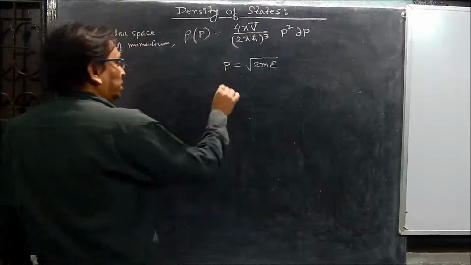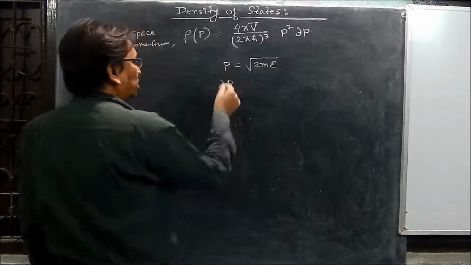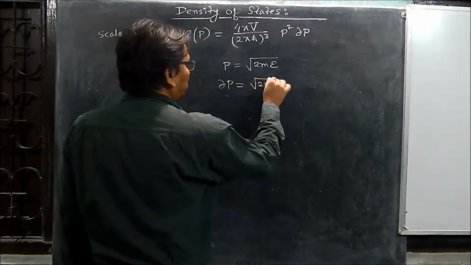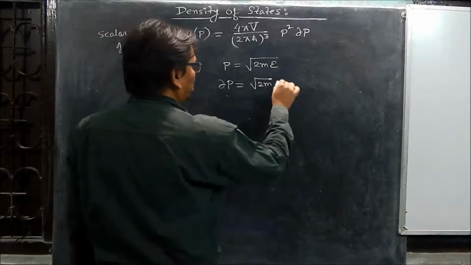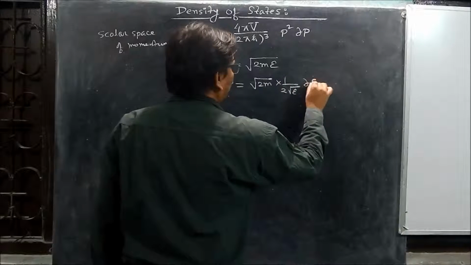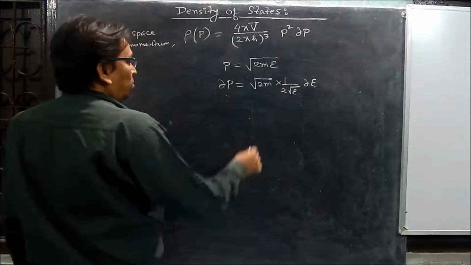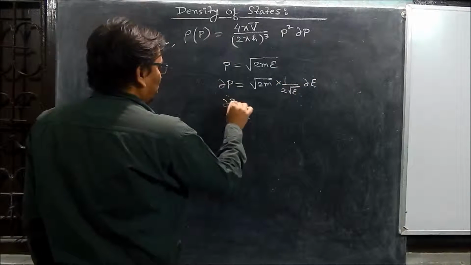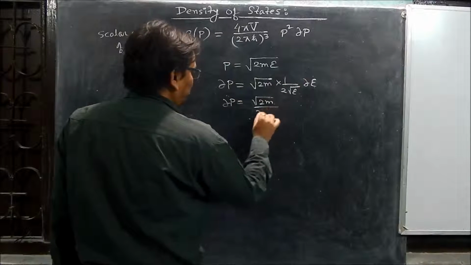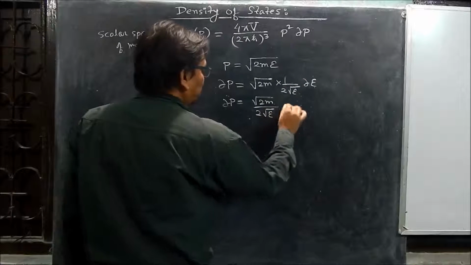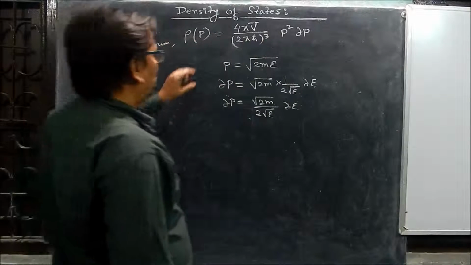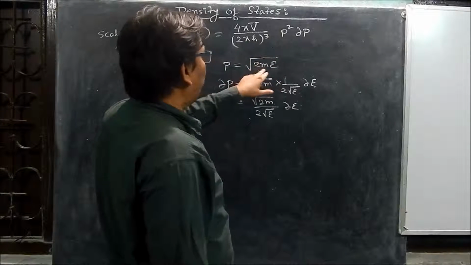If we take the partial differentiation of this, root under 2m is a constant, and differentiation of root epsilon will be 1 by 2 root epsilon. So we will use dp is equal to root under 2m by 2 root under epsilon times d epsilon, where p square will be equal to 2m epsilon.